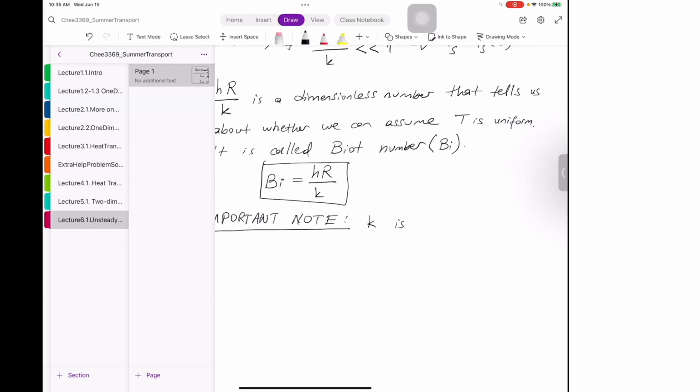The k in the Biot number is the conductivity of the solid, not of the fluid.